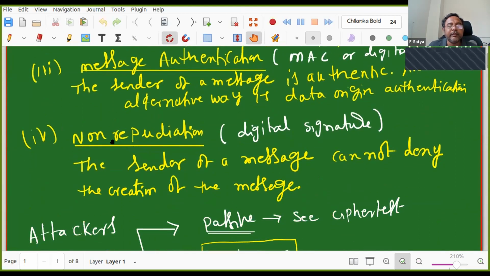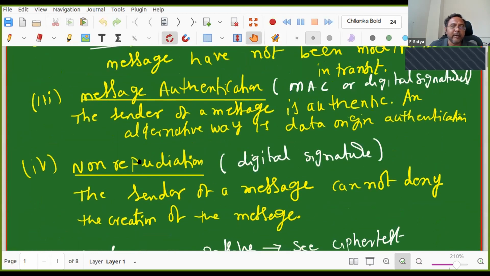The next one is very important. It is non-repudiation. Only digital signatures can do this. What am I saying? That the sender later should not deny. That happens many times, right? Somebody will promise you, but later say that they did not say that. So how do you handle that? Digital signatures will help.